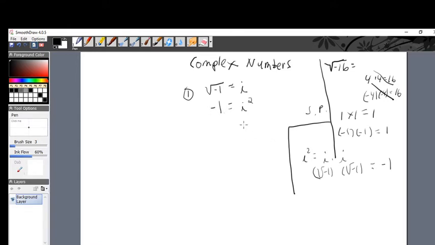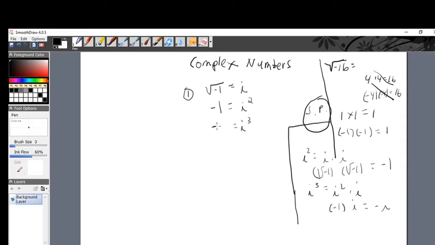All right, what about i cubed? So i cubed is equal to i squared times i. How much is i squared? We already know what i squared is. It's negative 1. So it's negative 1 times i. That's equal to negative i.